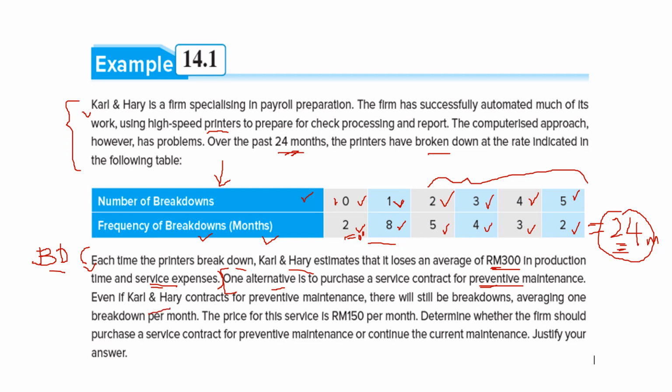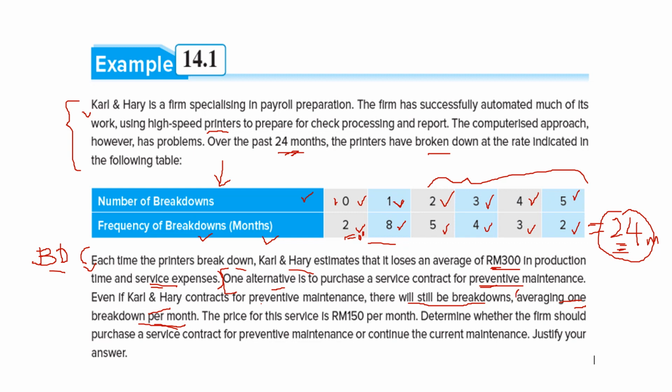Even if Carl and Harry contracts for preventive maintenance, they will still be breakdown, averaging 1 breakdown per month. Okay, so walaupun dia tukar kepada preventive maintenance, printer tu akan still rosak, but the breakdown reduces to an average of 1 per month. So kerosakan tu takkan berlaku sekerap breakdown maintenance tadi, and the breakdown will happen only once per month.